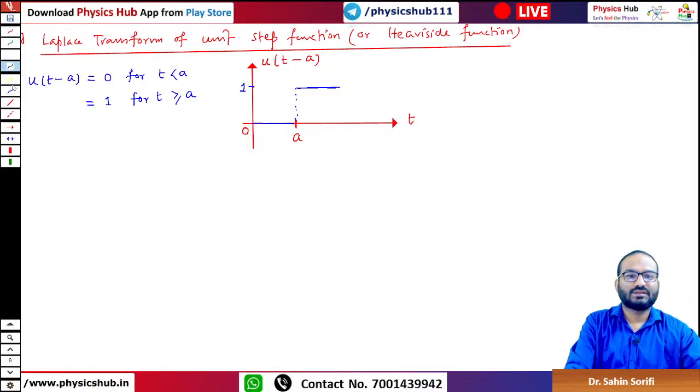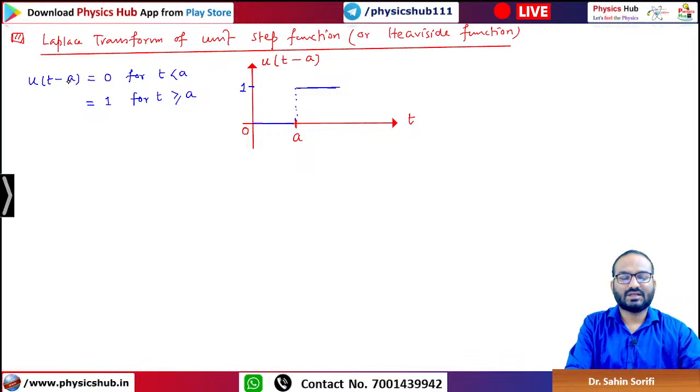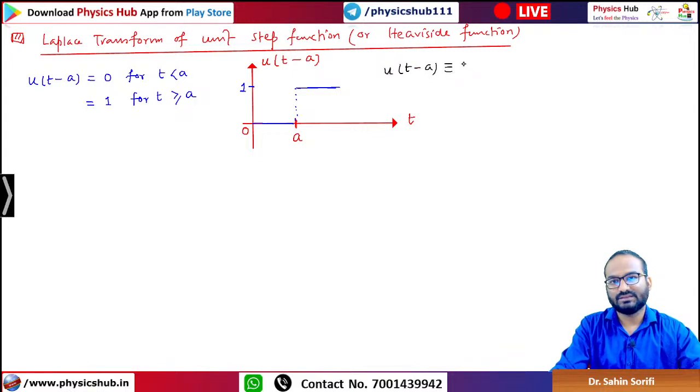And sometimes we just write the reference point as the subscript. What do I mean? U(t minus a) is sometimes also represented as u with the reference point as the subscript, so u_a(t), these are the same nomenclature.